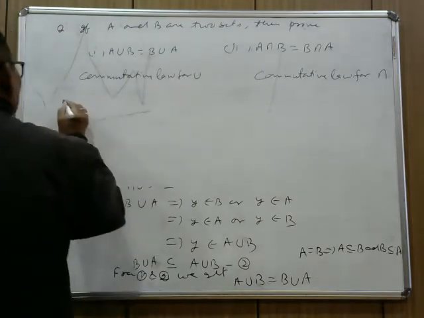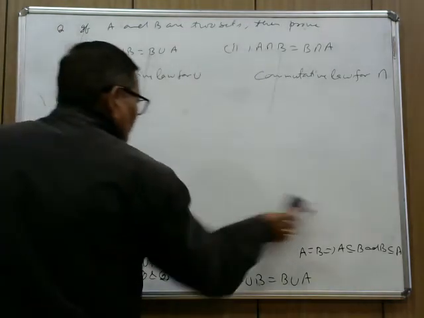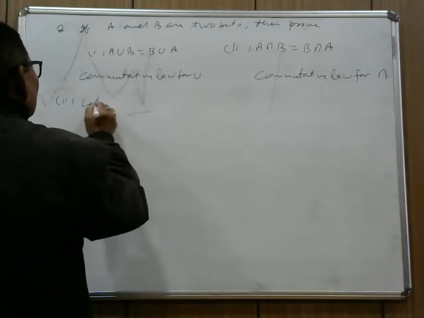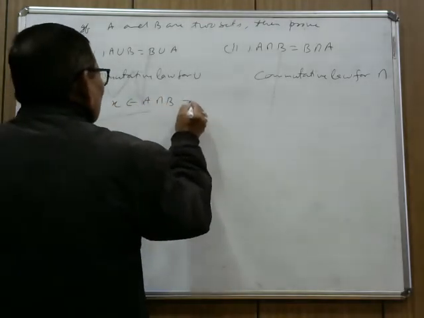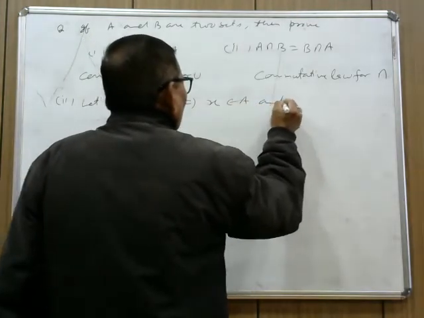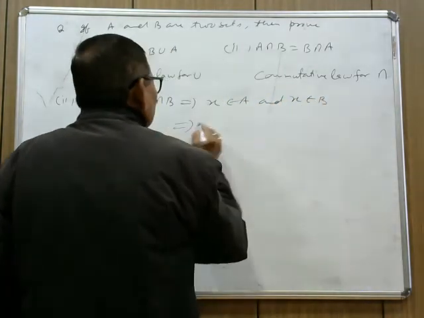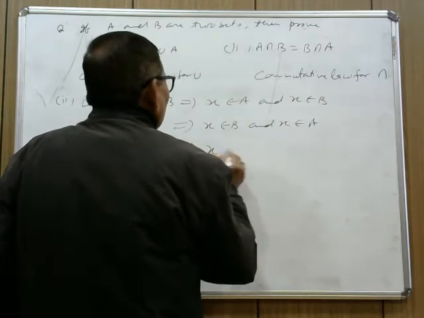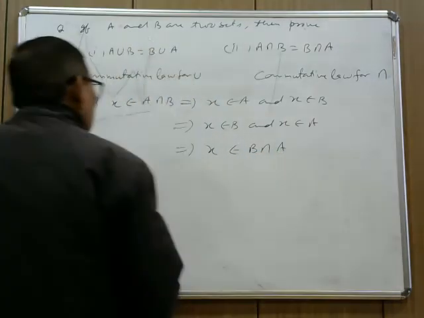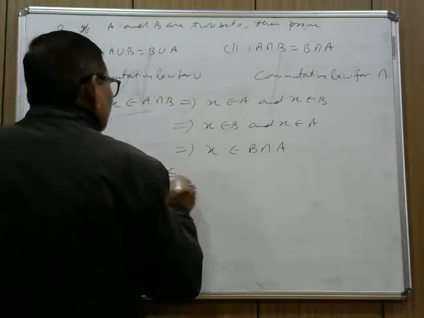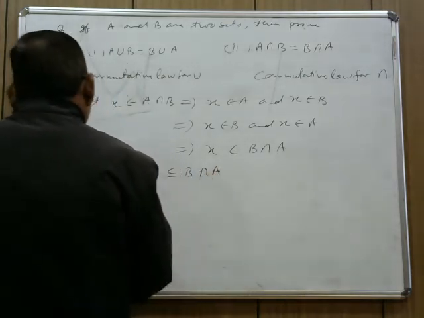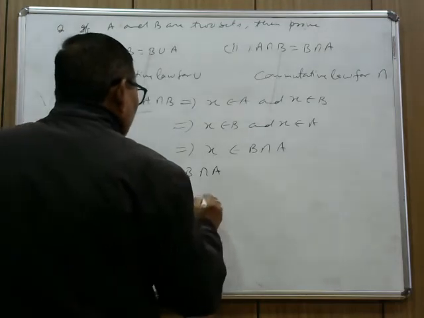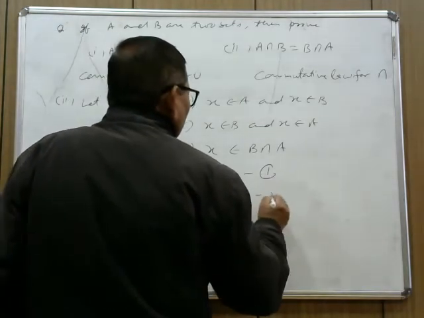Now second part. Let X belongs to A intersection B implies X belongs to A and X belongs to B implies that X belongs to B and X belongs to A. This implies that X belongs to B intersection A. By the definition of subsets, A intersection B is subset of B intersection A. Similarly, you can prove B intersection A is subset of A intersection B. This is 1, this is 2.